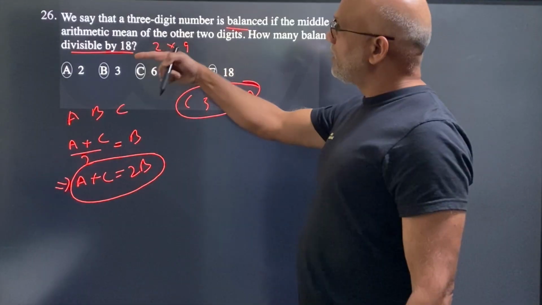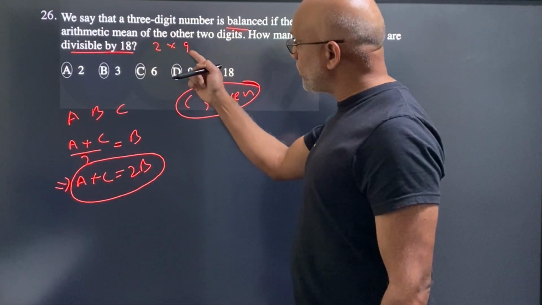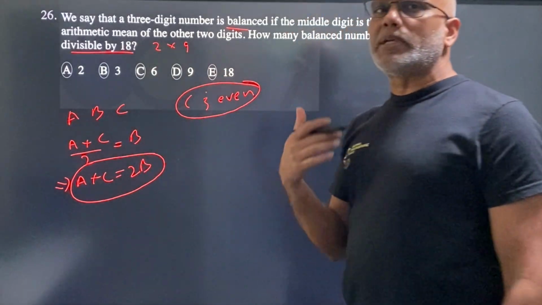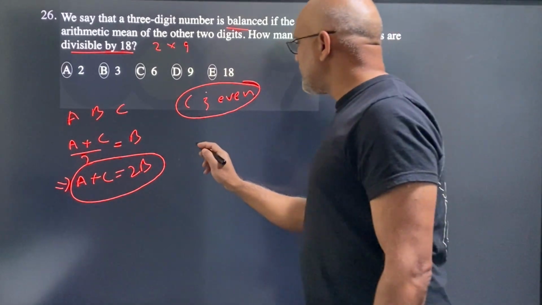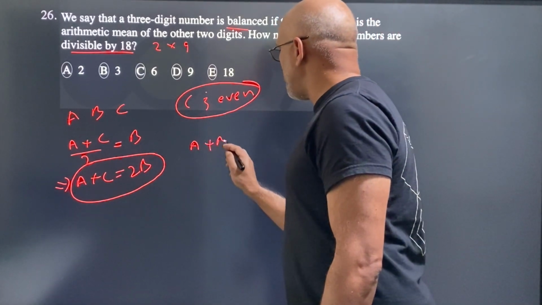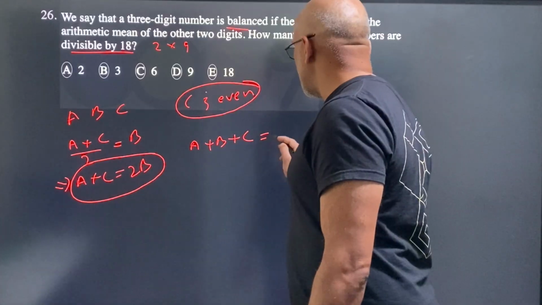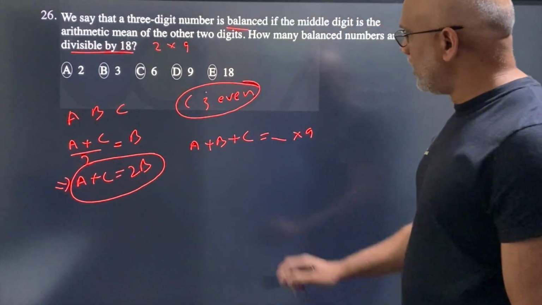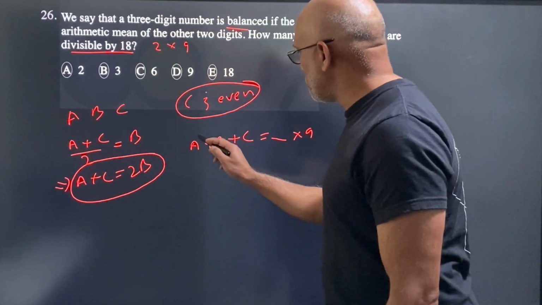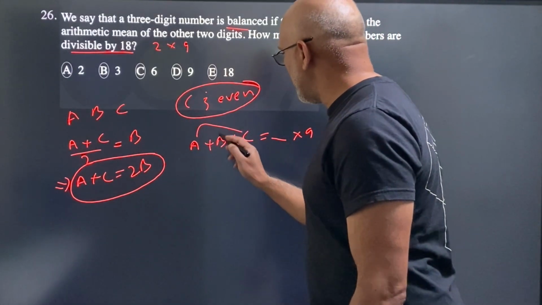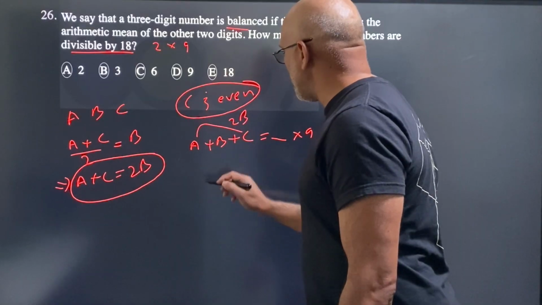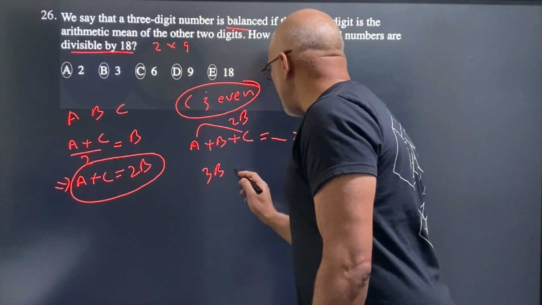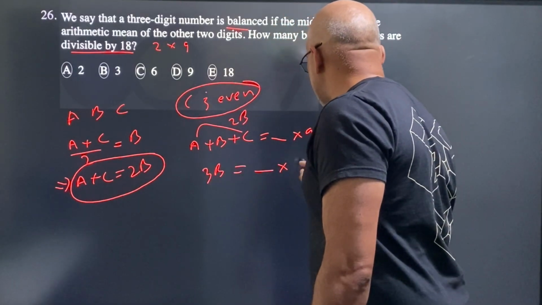And then for it to be divisible by 9, the sum of the digits has to be divisible by 9. So the sum of the digits is A plus B plus C. This has to be something times 9. But I know A plus C is 2B. So this is 2B plus B, which is 3B, equal to something times 9.